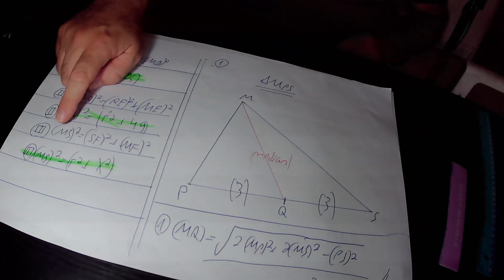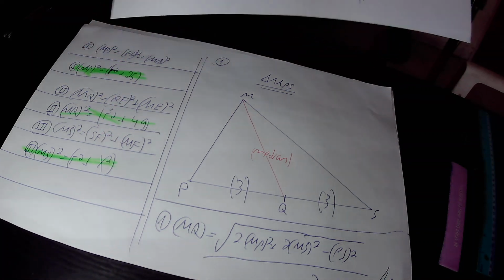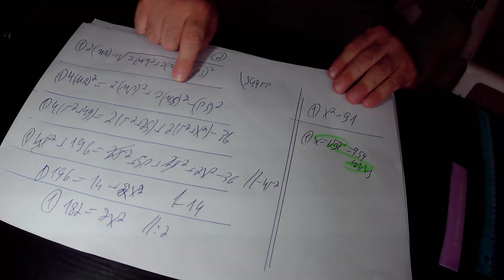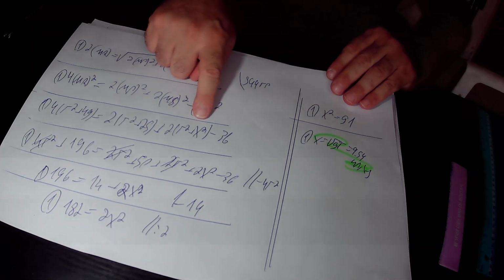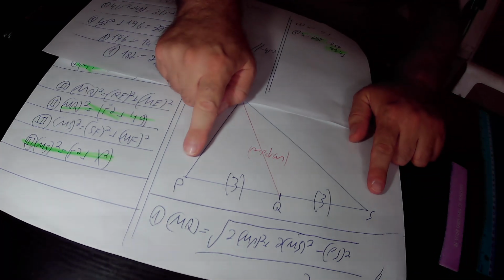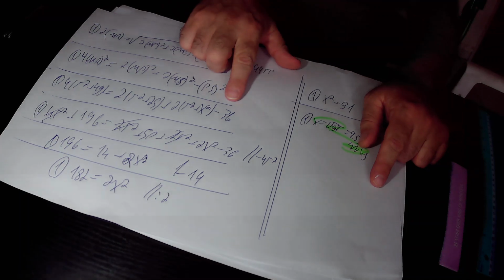But MS squared, according to equation 3, is R squared plus X squared. Therefore, we substitute MS squared here by R squared plus X squared, and we have minus PS squared. PS is 3 plus 3, that is 6. Therefore, PS squared is 6 squared, that is 36. Therefore, minus PS squared is minus 36.